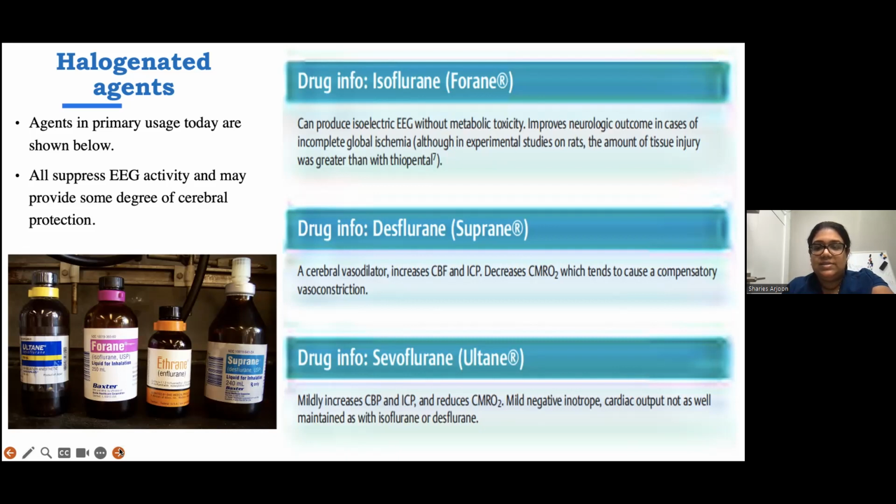It decreases the cerebral metabolic rate of oxygen, which tends to cause a compensatory vasoconstriction. And sevoflurane mildly increases the cerebral blood flow and ICP and reduces the metabolic rate. It has a mild negative inotropic effect, and cardiac output is not as well maintained as with isoflurane and desflurane.